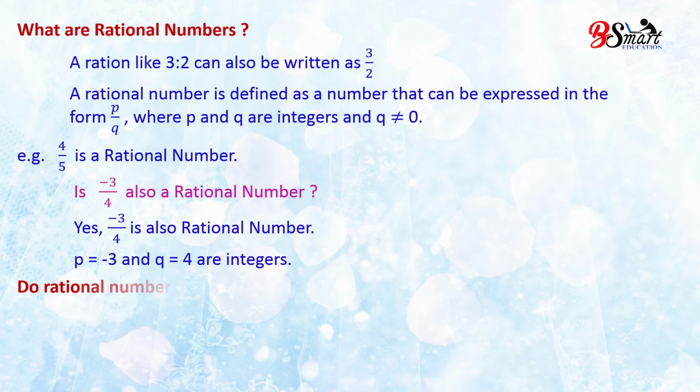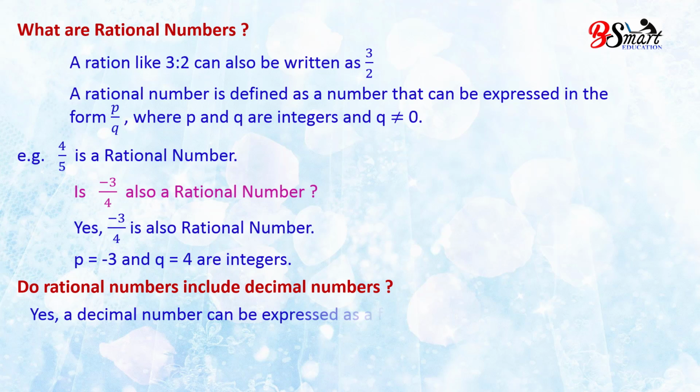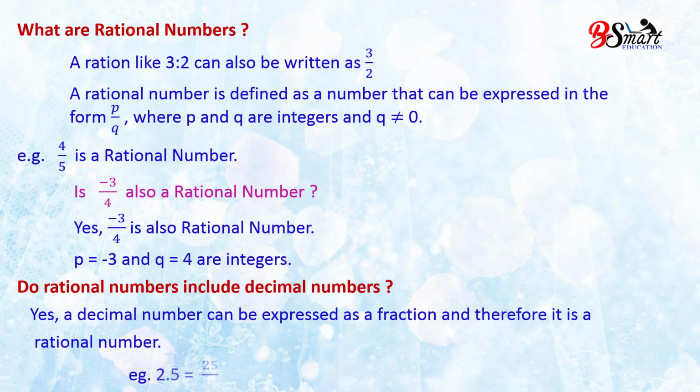Do rational numbers include decimal numbers? Yes, a decimal number can be expressed as a fraction and therefore it is a rational number. For example, 2.5, that is 25 by 10, and 25 by 10 is a rational number.